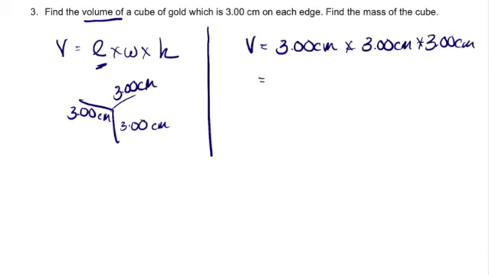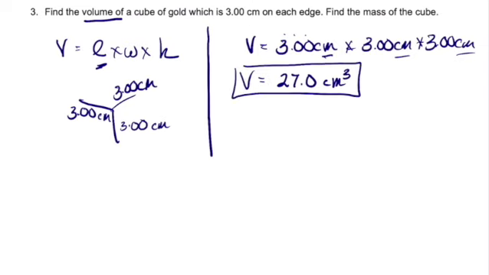So 3 times 3 is 9, and 9 times 3 is 27. We're going to round this to 3 sig figs, 27.0 centimeters. And centimeter times centimeter times centimeter is centimeter cubed. So the volume part is 27.0 centimeter cubed.